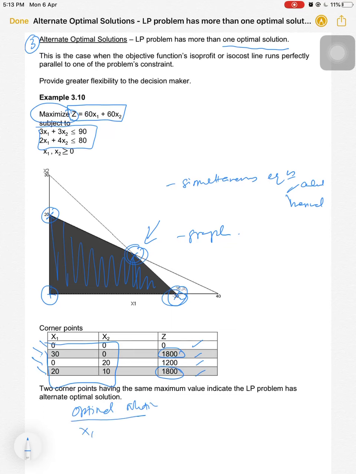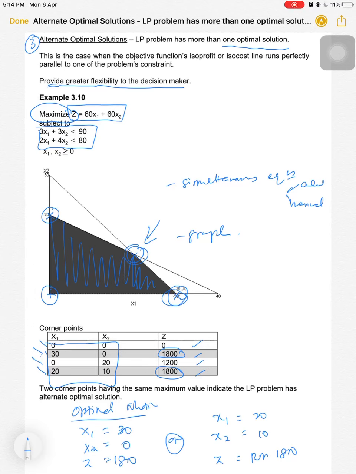x1 equals 30, x2 equals 0, then z equals 1800, or x1 equals 20, x2 equals 10, so z is the same, 1800. This provides greater flexibility to the decision maker.